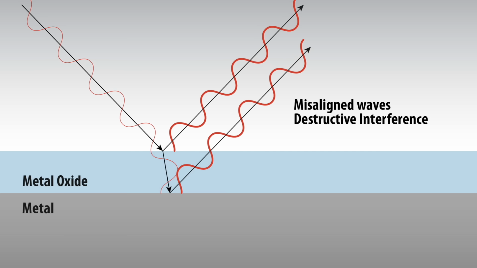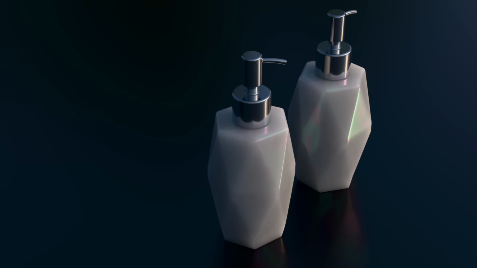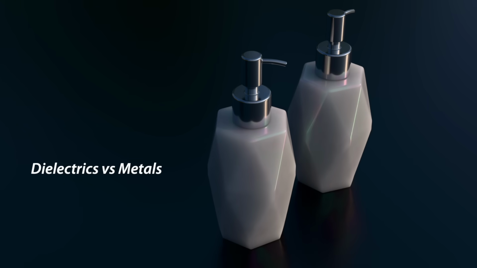If they are out of alignment, they cause destructive interference, which weakens or even cancels that color out. This process results in the final iridescent effect, where certain colors are emphasized and others are removed from the visible spectrum. So let's talk about some of the differences between thin film effects on dielectrics versus metals.